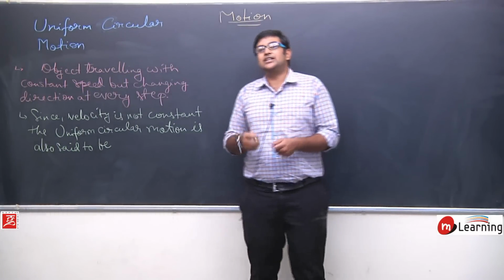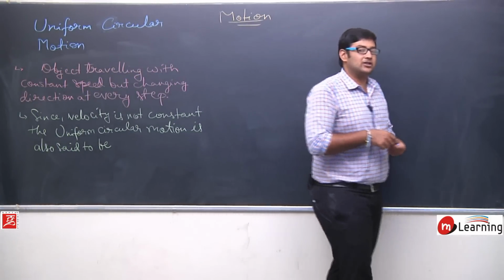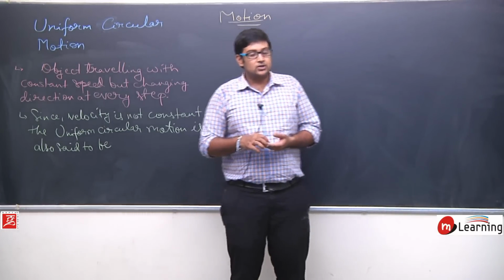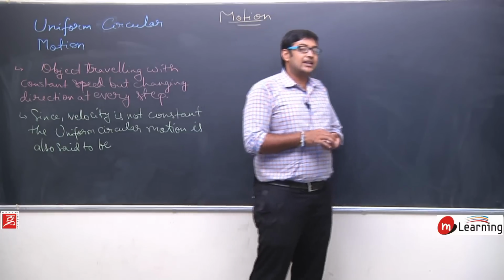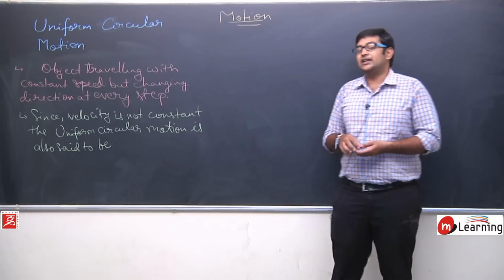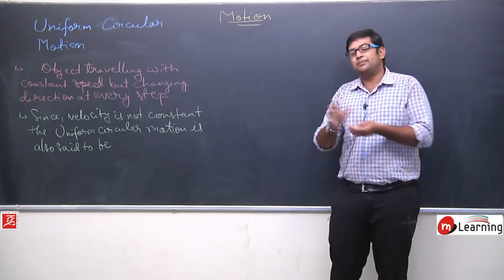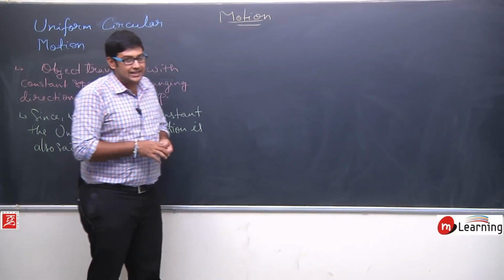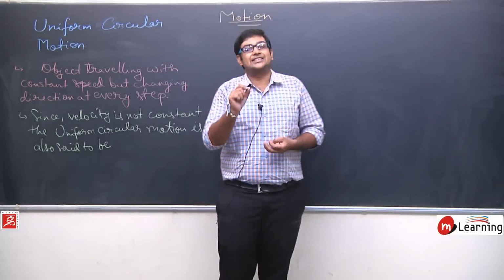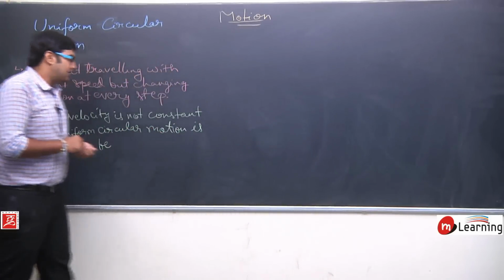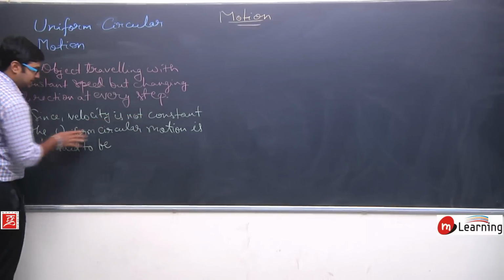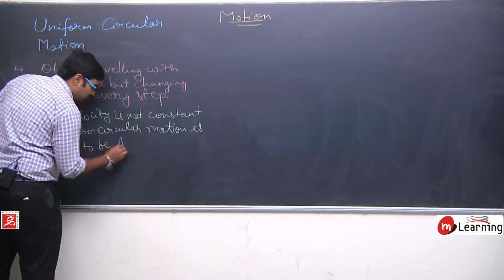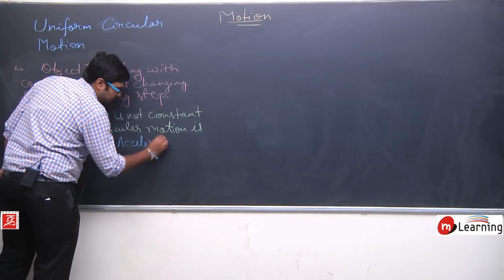As you can see, the velocity is not constant, and related to velocity we define a very interesting quantity, that is acceleration. So what is acceleration? It is the rate of change of velocity. It is basically the change in velocity happening in a particular time interval. So since the velocity is changing, definitely there is acceleration. So that's why we say that since the velocity is not constant, uniform circular motion is also said to be accelerated motion.